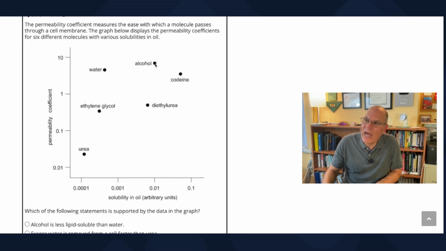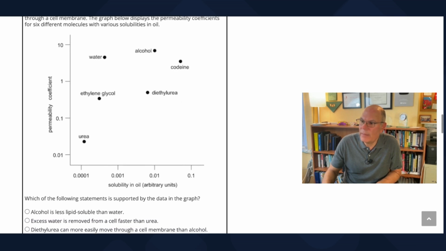Alcohol has a high permeability coefficient, the highest, and a somewhat high solubility in oil. Codeine is lower than alcohol, but it has the highest solubility in oil, and diethylurea has a medium level permeability coefficient and solubility in oil.